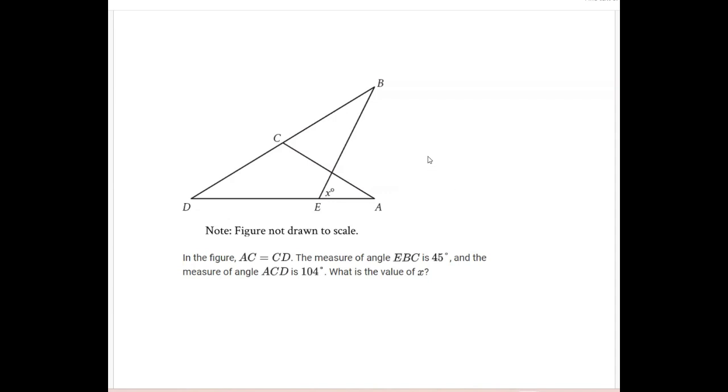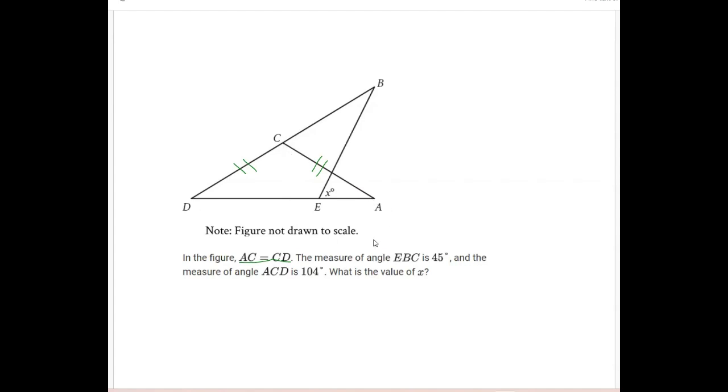So we're given a key piece of information here. AC is equal to CD. So AC is equal to CD, so this is an isosceles triangle.